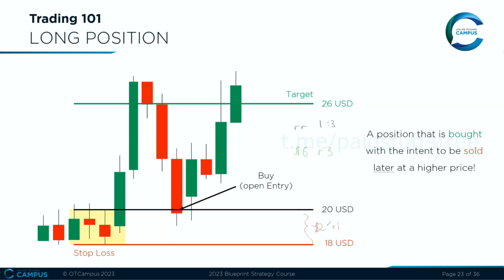You don't have to risk $2. You can risk $200, but the ratio stays the same. So if you risk $200, you make $600. You make 3 times that much, right? So that's the intent here: a position that is bought with the intent to be sold later at a higher price.